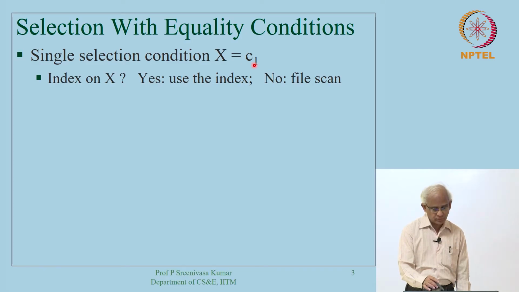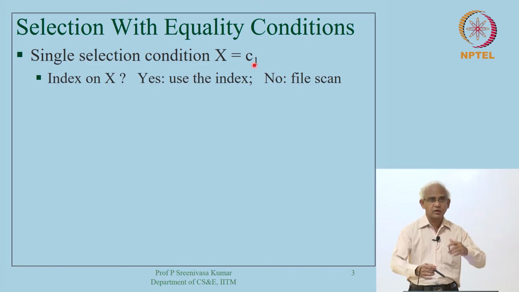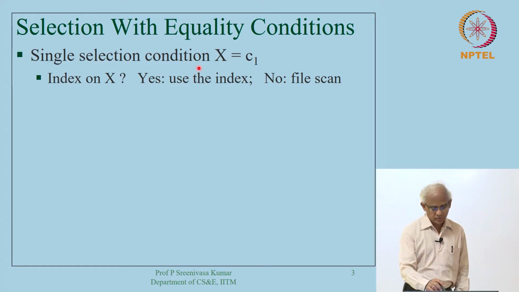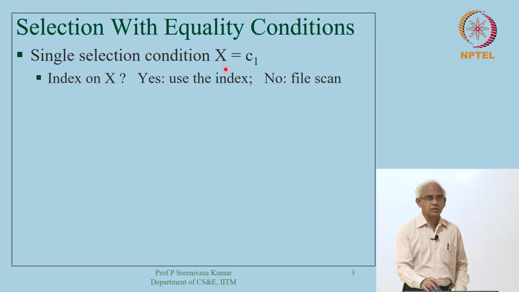Of course, the query engine keeps track of what kind of queries are being posed to it, and if this kind of selection condition is coming often, then it might look at the physical organization and decide that it is probably better off constructing an index on this particular x and keeping it ready, because it is getting too many selection conditions involving this particular attribute and the index is not there.